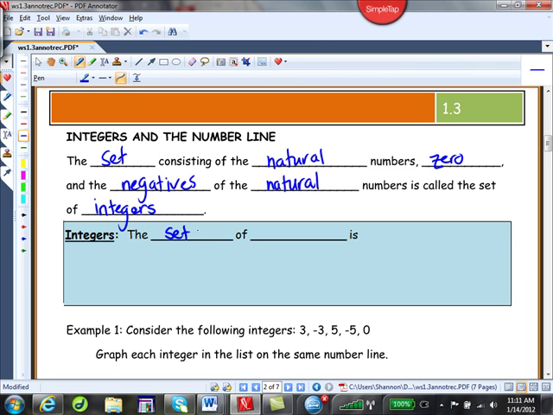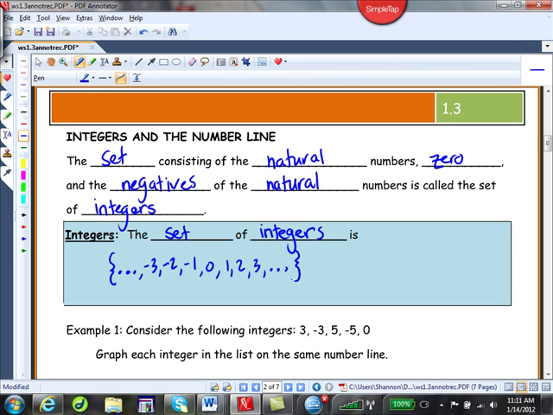So the set of integers is, again, what's this notation called? You got it, roster notation. So we're going to do our dot, dot, dot, then comma, we'll go -3, -2, -1, 0, 1, 2, 3, and then it continues on in this fashion forever.